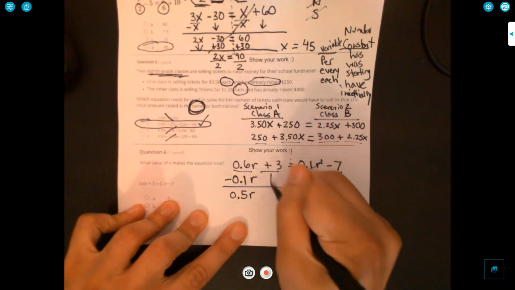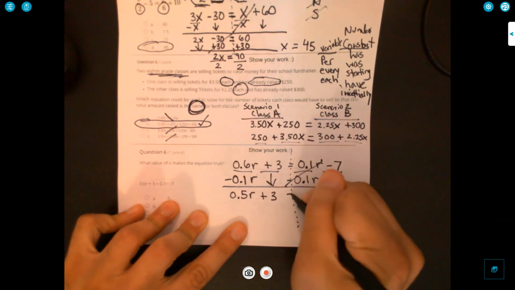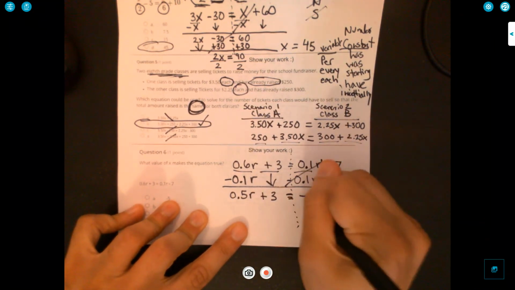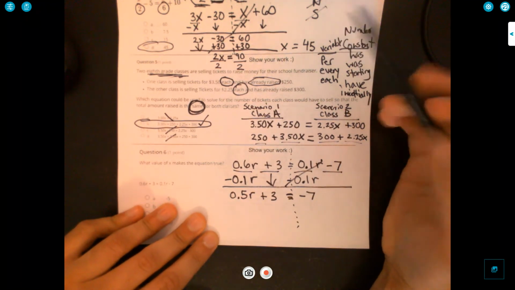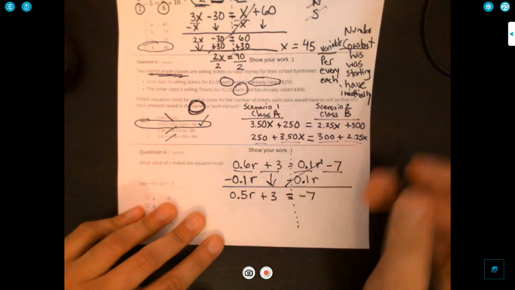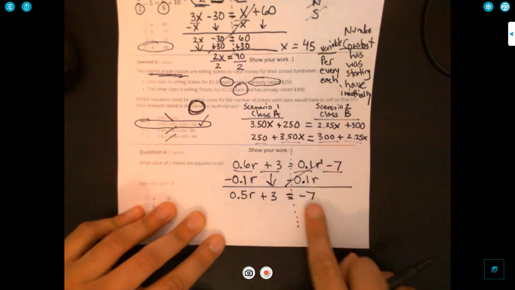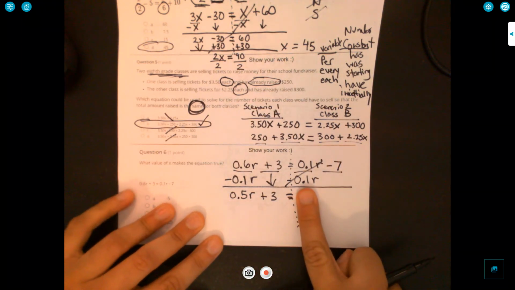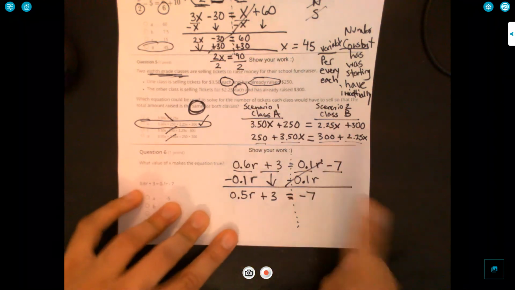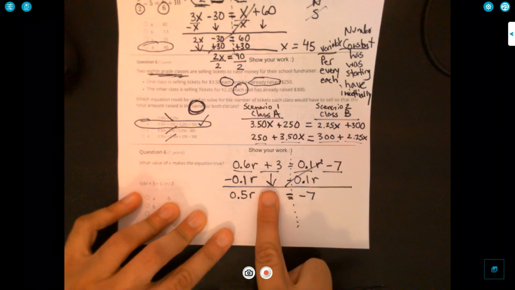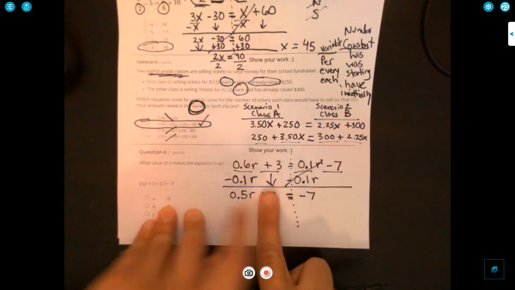That cancels out. Bring down our other terms in our equal sign, minus 7. All right, so we got the variable. So now the number, we got to get the number on the other side. Can't get rid of this one, remember, because we don't want to get it equal to 0. Our goal is to get the variable term equal to the number term. So it only makes sense to get rid of this one since we'll have variable equal to a number.